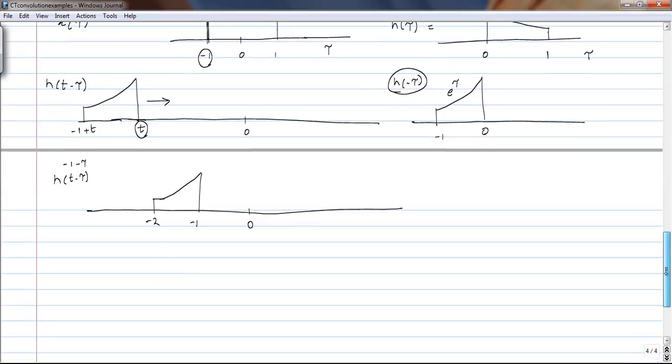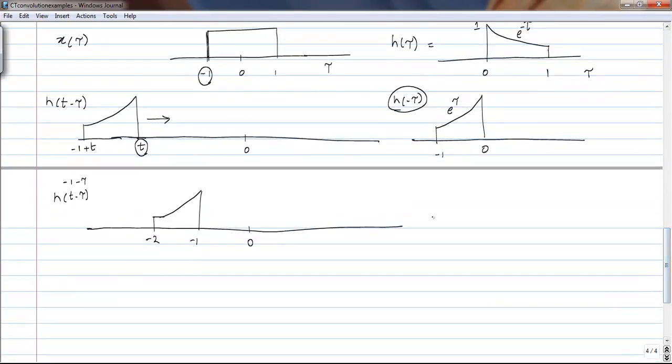So what I can say is that, let's write it here, w sub t of tau is equal to 0 for all values of t less than minus 1. Okay. Now the interesting question comes, what is the next range of t values that I want to consider, and what would be the form of w sub t of tau?